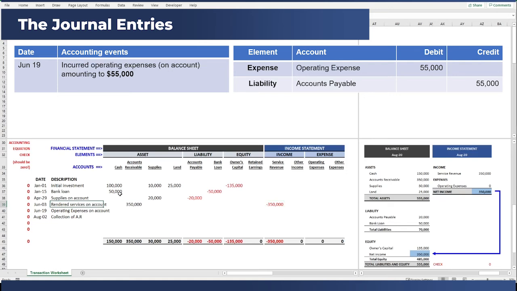On June 19, we incurred operating expenses again on account amounting to 55,000, meaning we incurred expenses of 50,000, which is a debit. And then we are increasing our accounts payable, which is a credit.